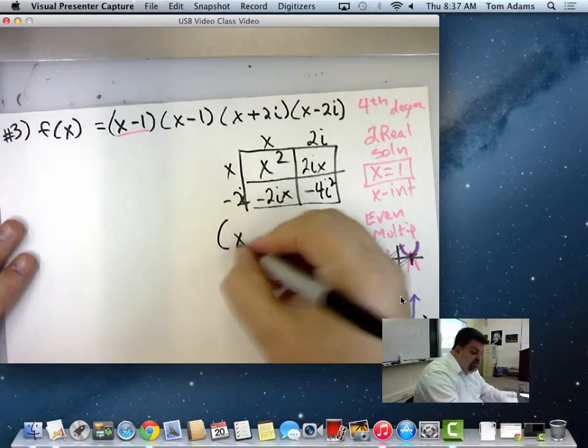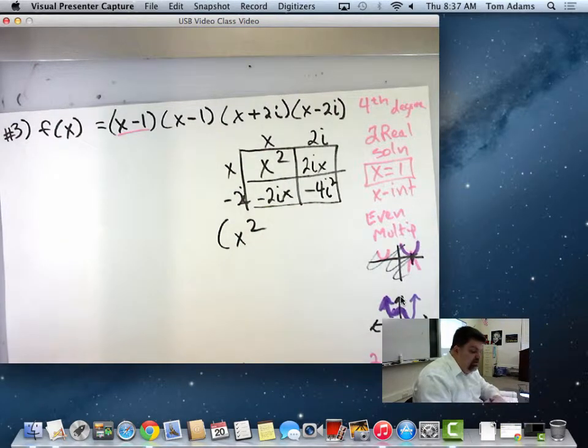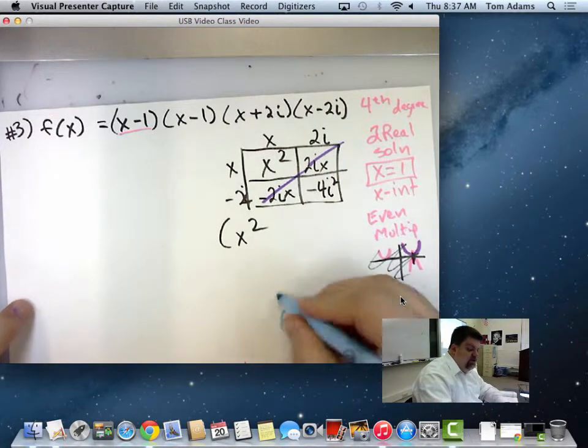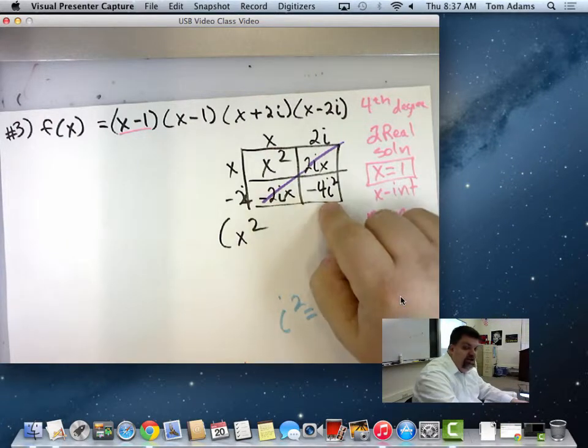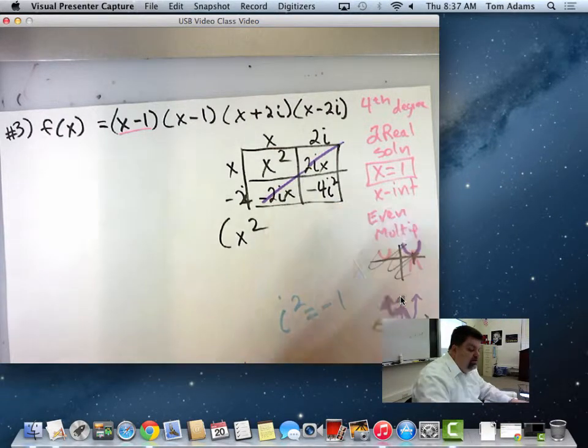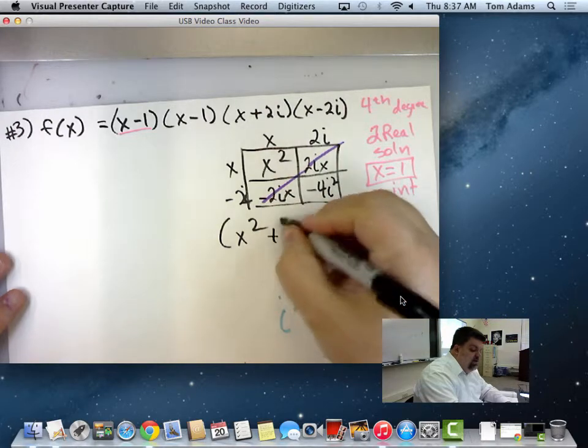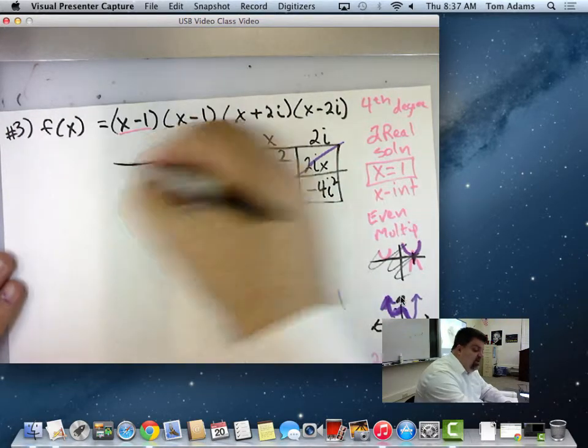So this becomes x squared, and these cancel out. And now, what is i squared equal to? Negative 1. I squared always and forever will equal negative 1. So I really have negative 4 times negative 1, which is positive 4.